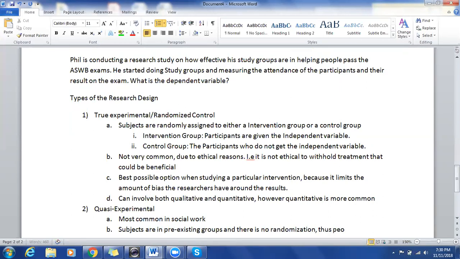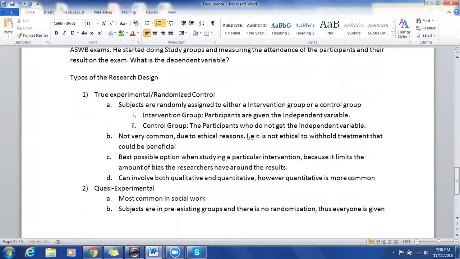Thus, everyone is given the independent variable. And that's why it's the most common in social work, because we don't really withhold a lot of treatments.